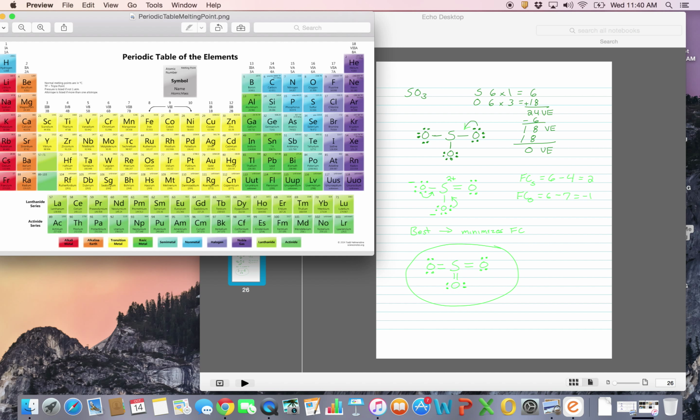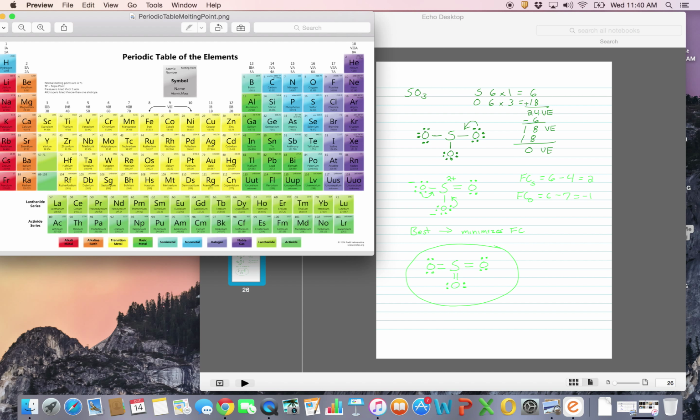Now we must reevaluate if all of the atoms involved in the structure have octet fulfilled. And currently, the sulfur does not. So what we can do is take a lone pair from the atom with the most lone pairs and create a double bond to the central atom sulfur that does not have octet fulfilled. In this case, all of the oxygens have the same amount of electrons, so we can pick that lone pair from anywhere.